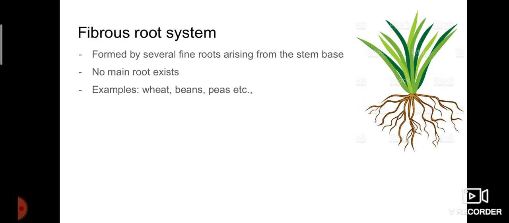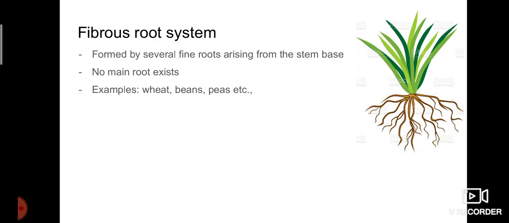Second one is fibrous root system. In fibrous root, we find a thin, hair-like network structure. Here you can see all roots are thin, hair-like structures forming a network.